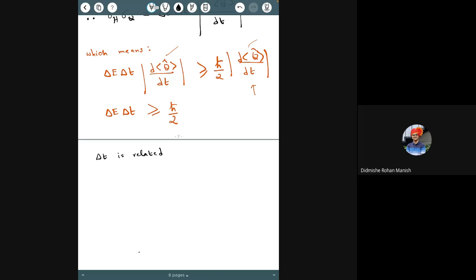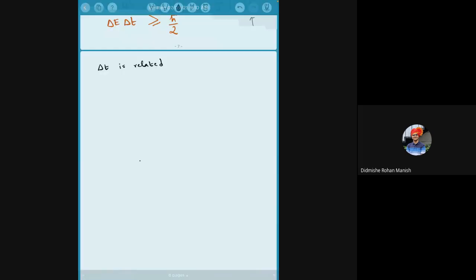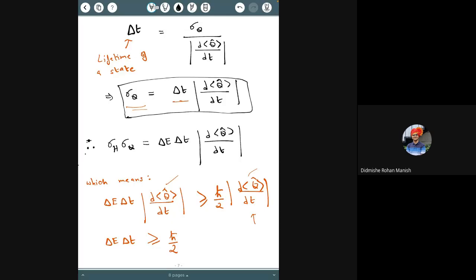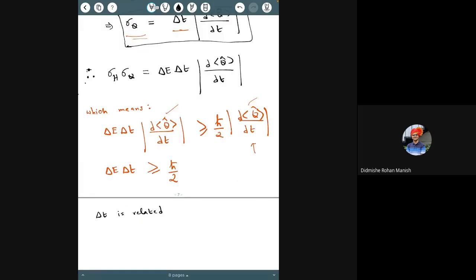The rate of evolution of the state is related to the spread in the energy of the state eventually. But in order to track it, of course, we have to use one or more properties.